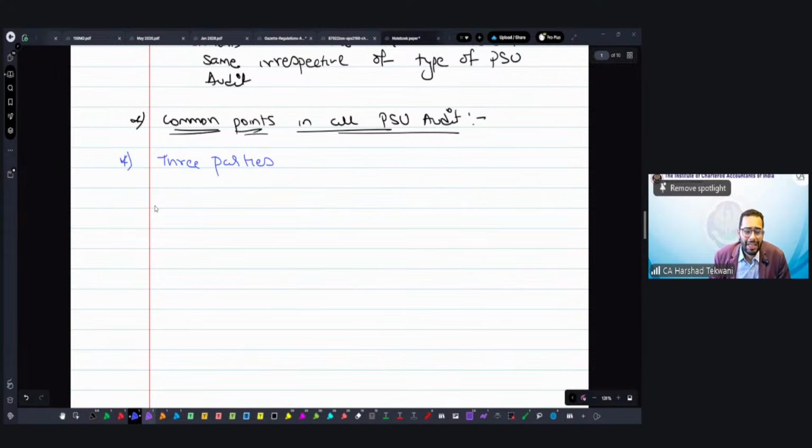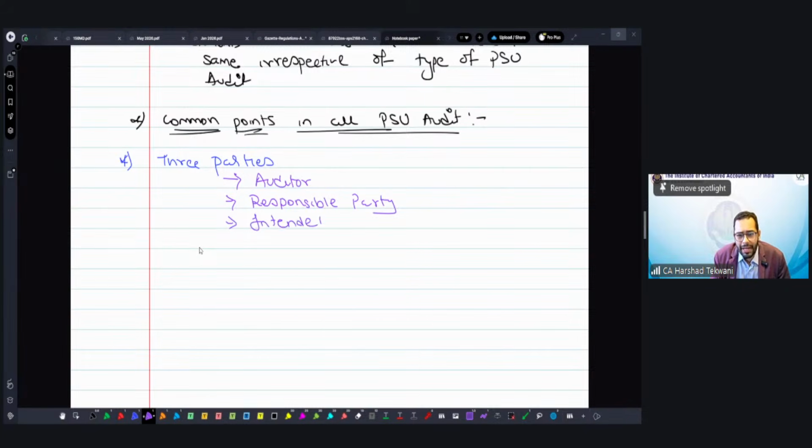Now these three parties will include your auditor, responsible party, and intended users. Now, what are these responsible parties, and from where do these intended users come into the picture?